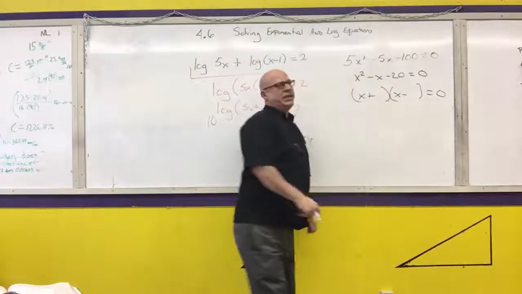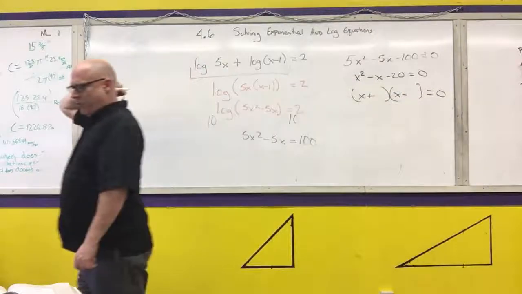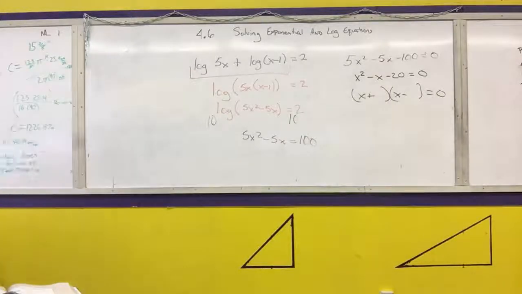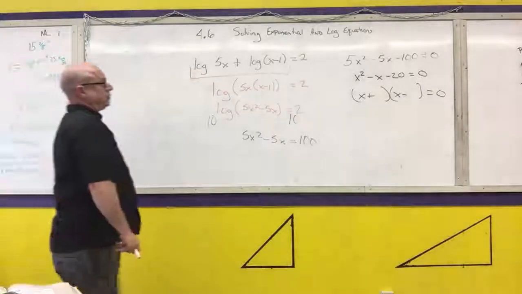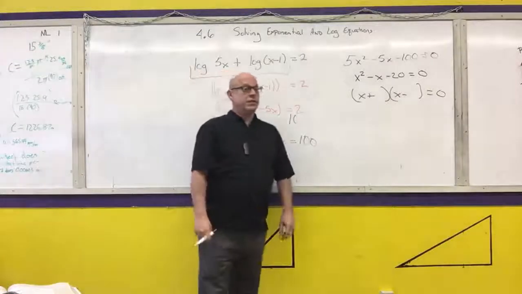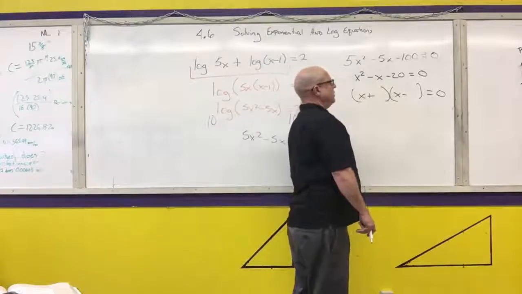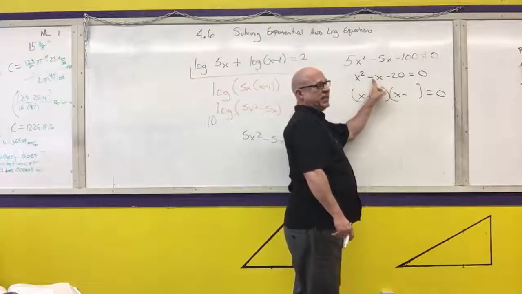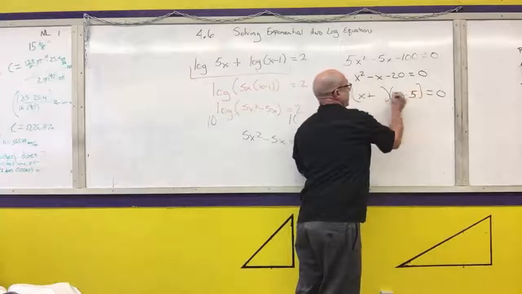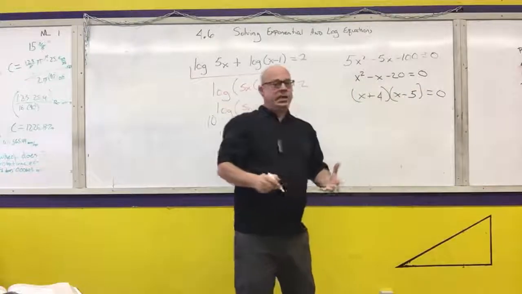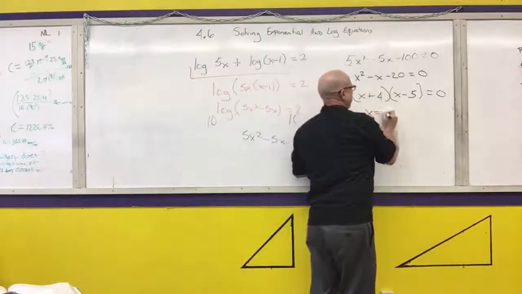Two numbers that multiply to negative 20 that add to negative 1. They're going to have opposite signs. Which one's negative? The 5. The biggest one has to be negative to get that one a negative sign. So I solve this now. I get x is equal to negative 4 and x is equal to 5.